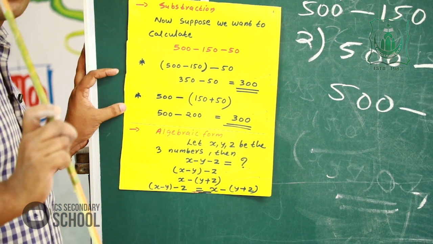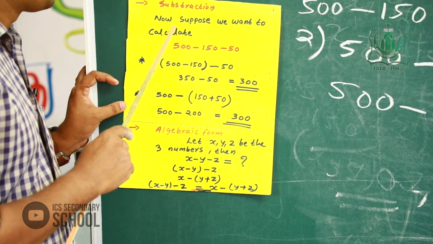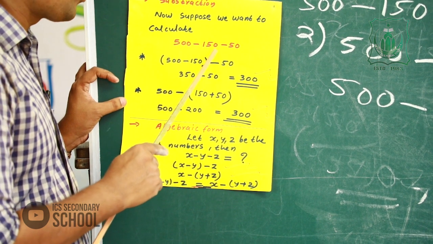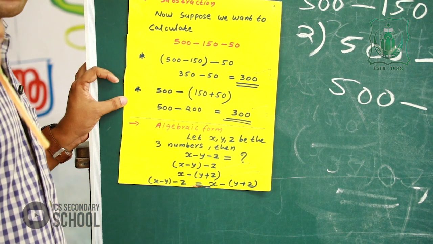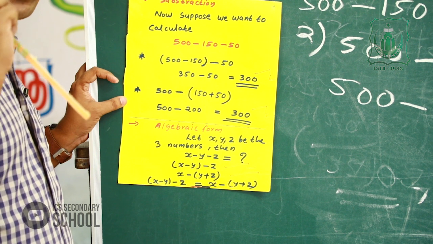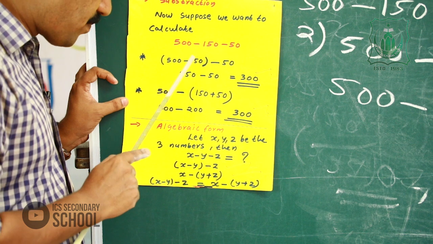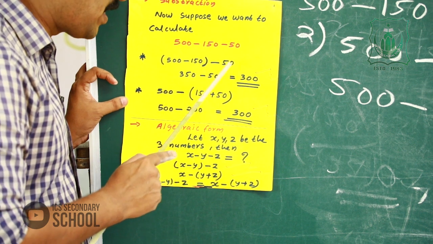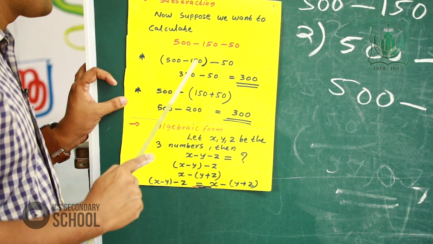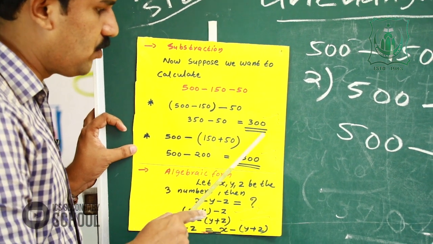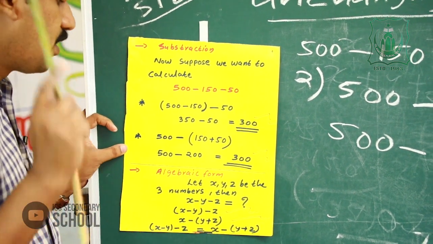Once more I repeat, the subtraction method. Now we want to calculate 500 minus 150 minus 50. We can do it in two types. First method: 500 minus 150 you get 350, then 350 minus 50, you get the answer 300.